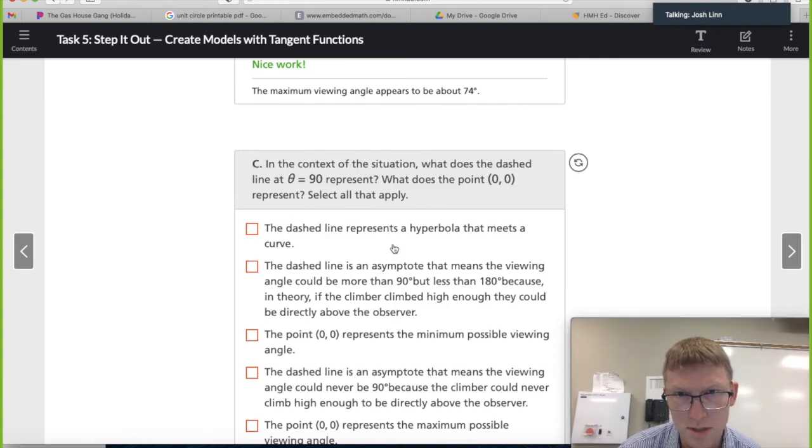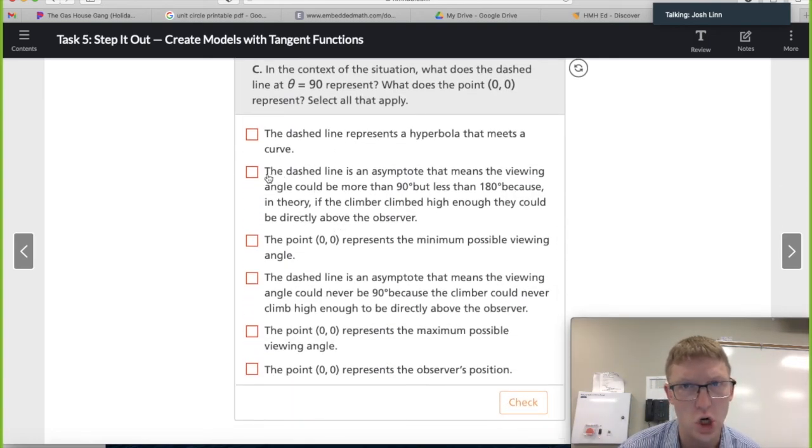So the dashed line represents a hyperbola that meets a curve? No. The dashed line is an asymptote. That means the viewing angle could be more than 90 degrees but less than 180, because in theory if the climber climbed high enough, they could be directly above the observer? No, they could not in this situation.